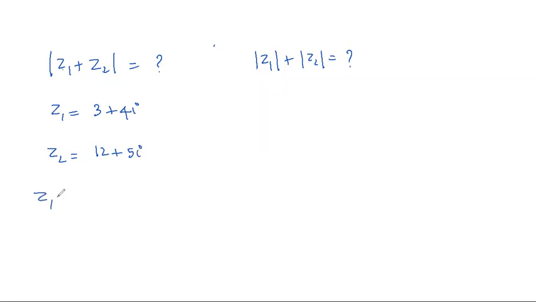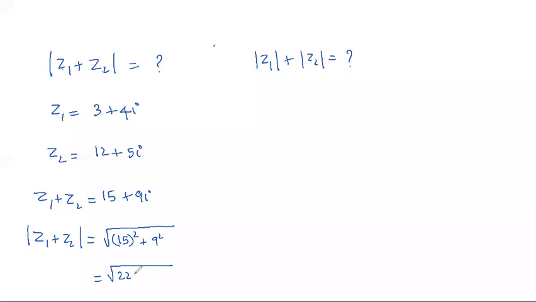I am going to add both of them, Z1 plus Z2: 12 plus 3 is 15, 4i plus 5i is 9i. Now I am calculating the modulus of this sum: root of 15 square plus 9 square, root of 225 plus 81, root of 306. It's not a perfect root.